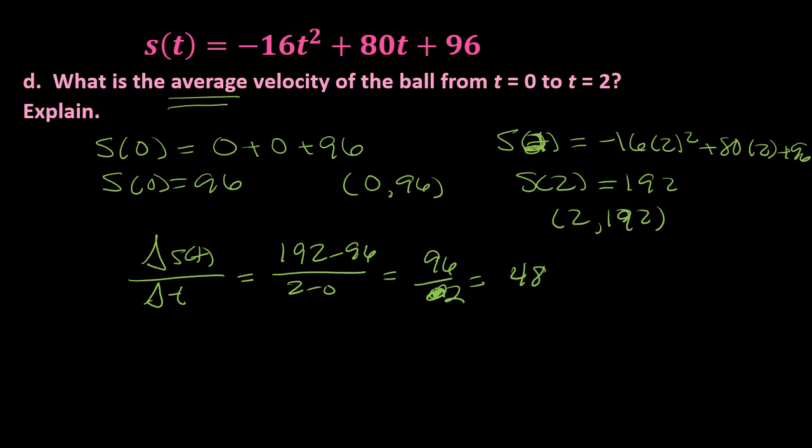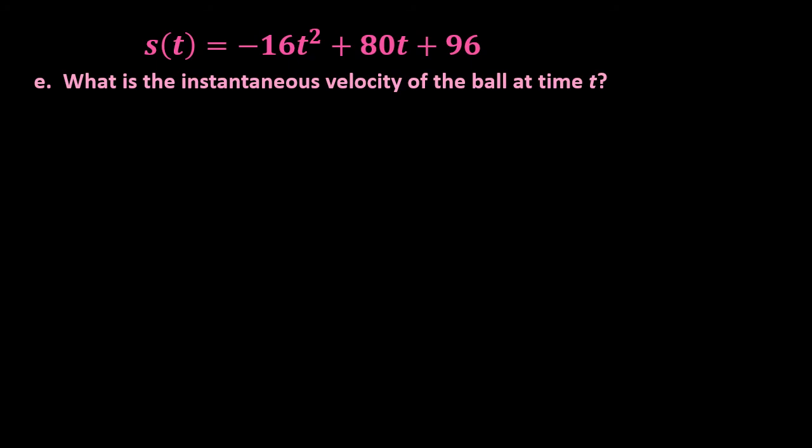And I think the units we're using in here is feet per second. So in this graph, your height was in feet, and then your time was in seconds. All right, so that's from one point to another.